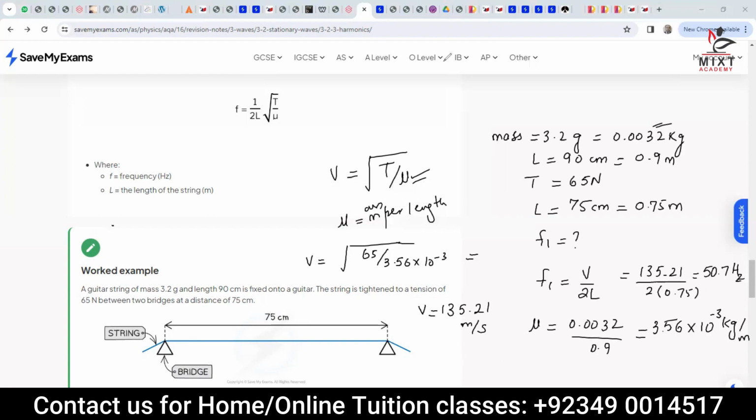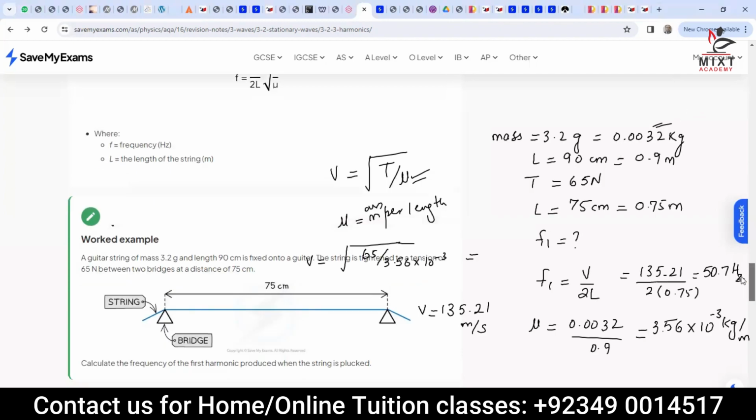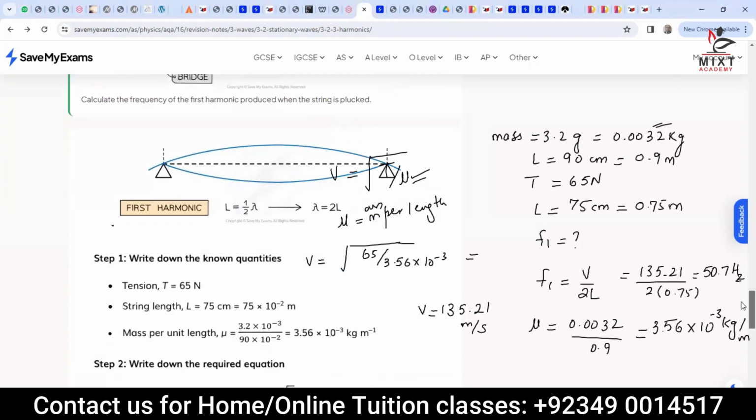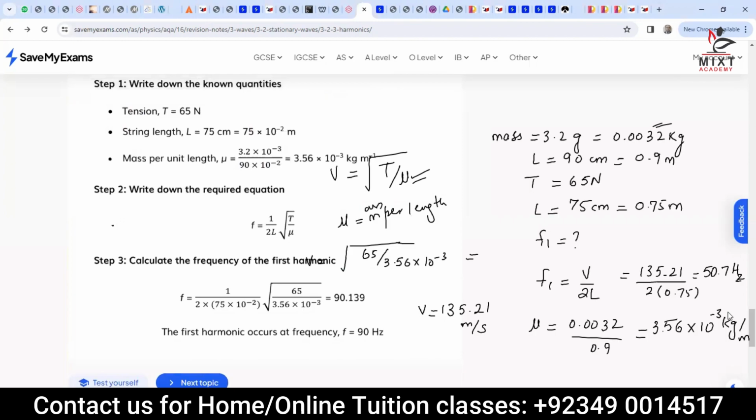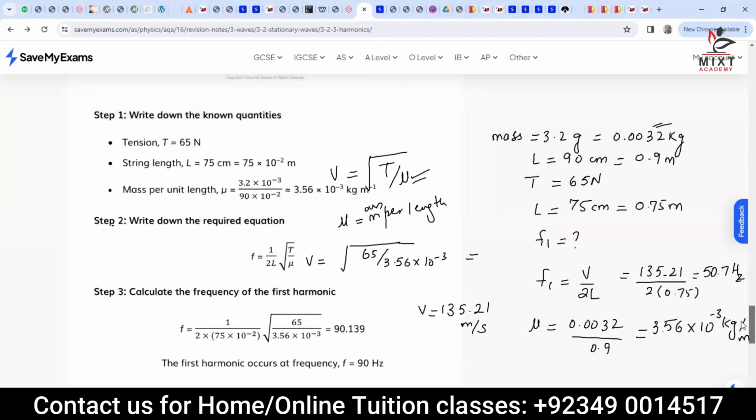This is when you have a mass attached to a string. Then you will use that formula. Check this out. They have done it, sort it out. But why is the frequency coming 90? Maybe you gave me some wrong value. Check it out. Some calculation error. They have 1 over 2 times 75 times 10 to the power negative 2. Everything is the same.